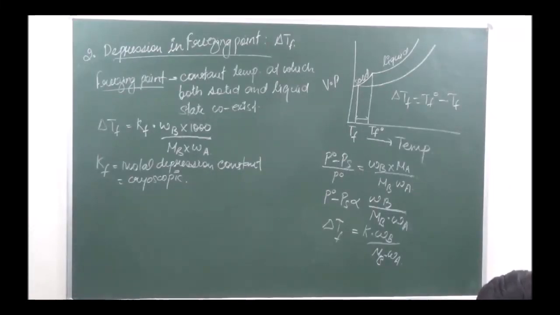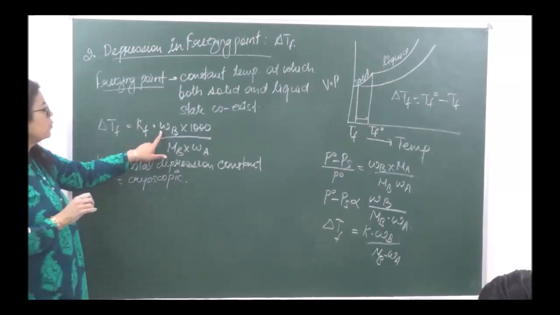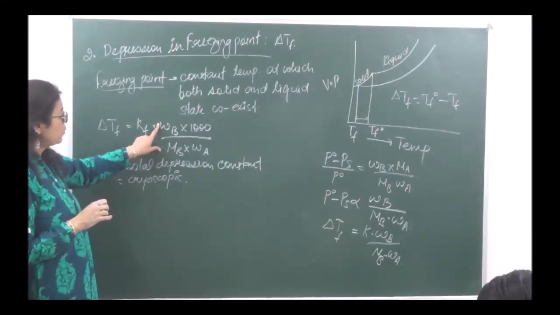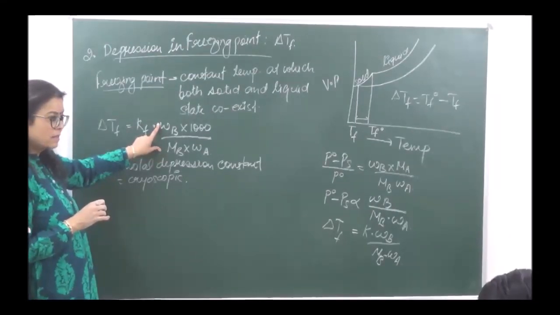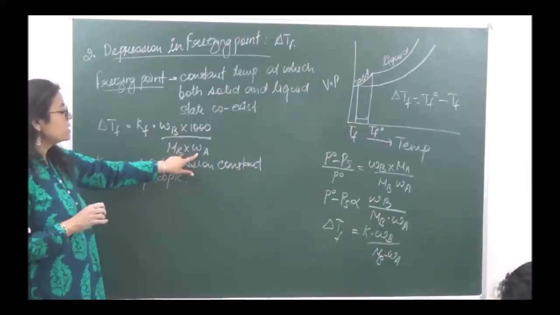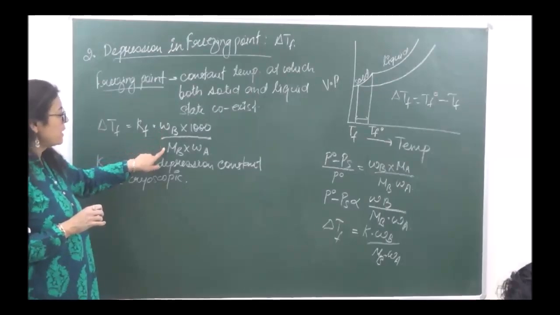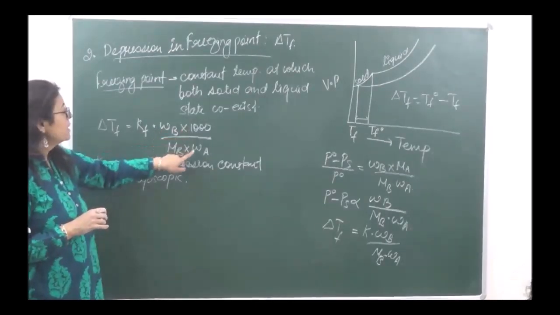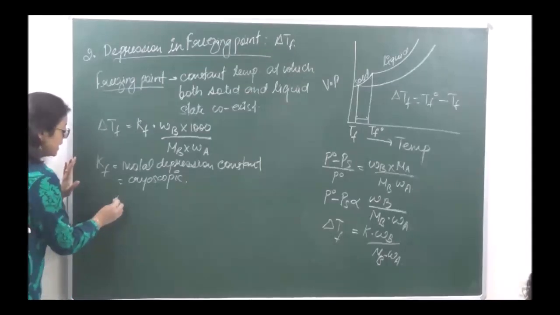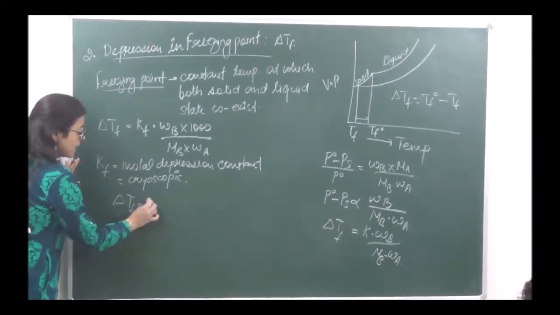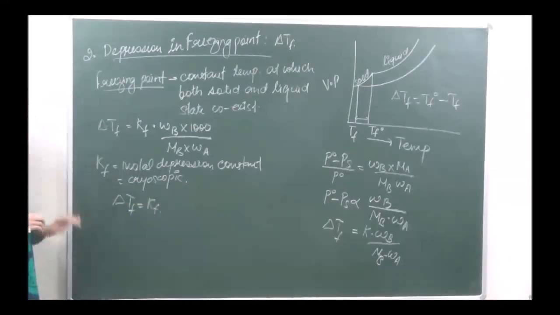Now if we say that Wb upon Mb is equal to 1 and Wa is equal to 1000, then in that case delta Tf becomes equal to Kf.